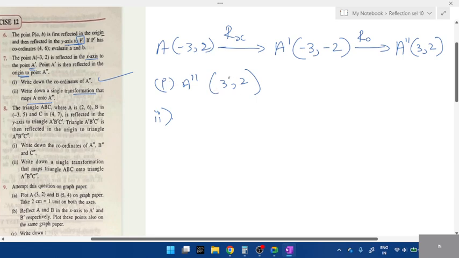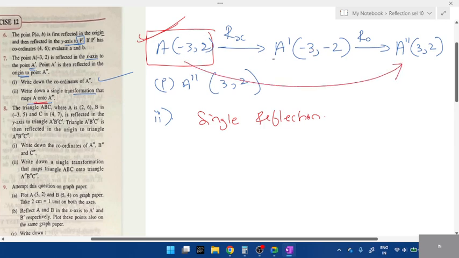Okay. So what they've asked is single transformation, meaning single reflection, students. So what do you mean by single reflection? Look, this was the starting value, and what they've asked maps A onto A double dash. So if you want to move from A to A double dash, how many reflections have taken place here? Total 2. But according to the second question, they don't need 2, they just need a single one. So compare this and this.